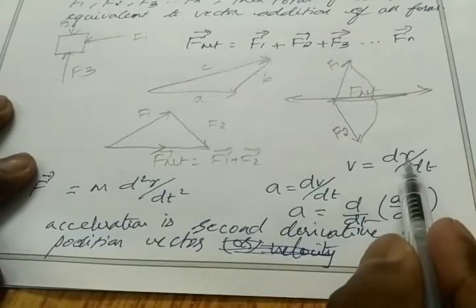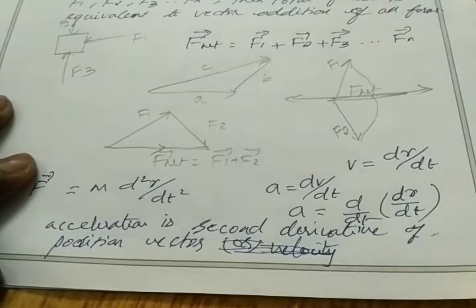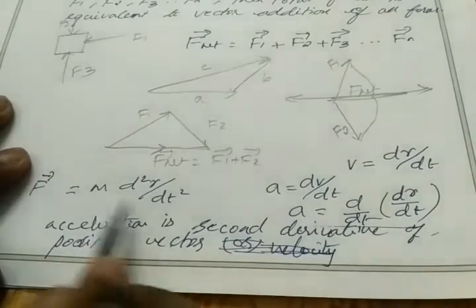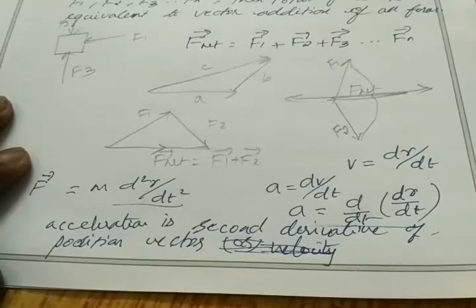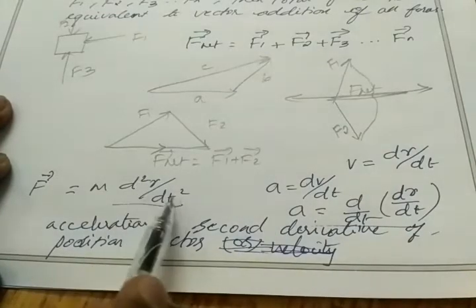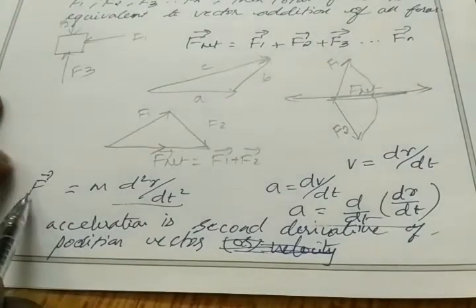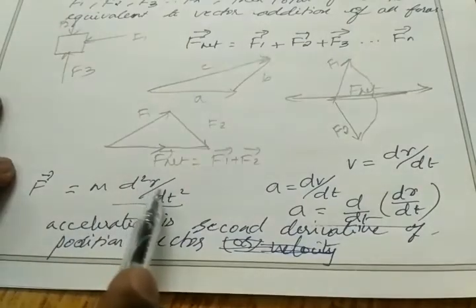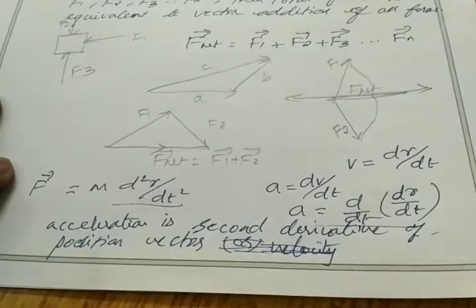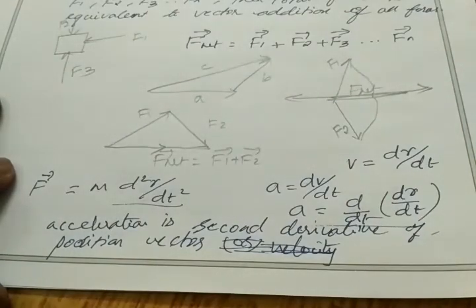So instead of v, substitute dr by dt, and this equation turns into d square r by dt square. So acceleration is the second derivative of the position vector or displacement. We can write Newton's second law as F equal to m d square r by dt square. In terms of velocity, we can write F equal to m dv by dt, right?